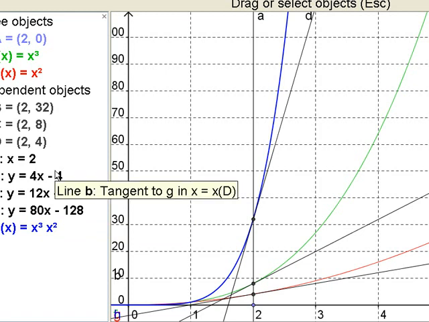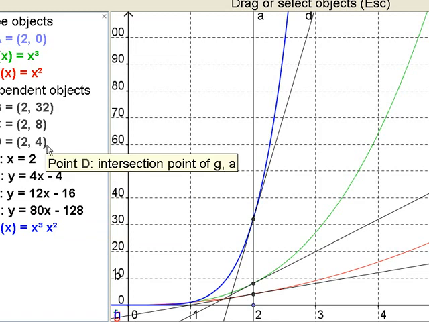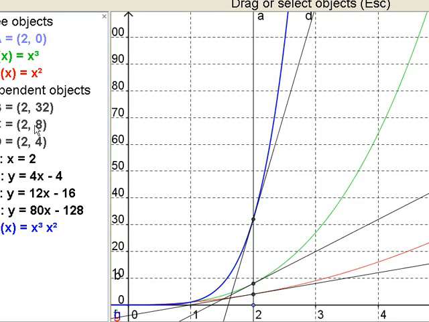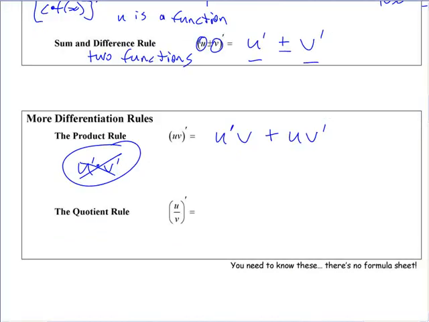Well, you can actually use this information here to come up with what it would be using that rule. The rule says, let's go back to this now. This rule says you take the derivative of one times the other, and then you take the derivative of the other one times the first one, right? Derivative of the first times the second, and the first times the derivative of the second.